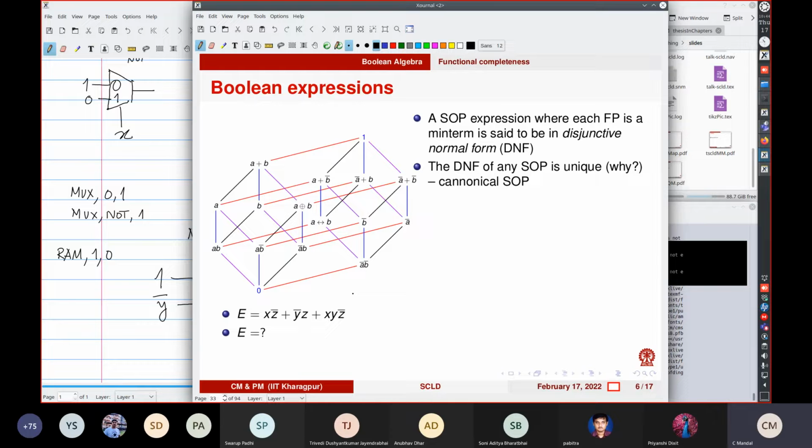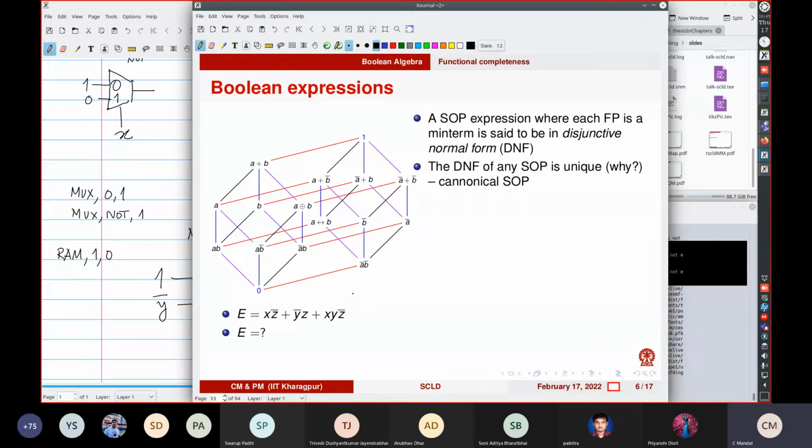Now you might like to know whether those two Boolean functions are equivalent, that means they produce the same output for the same input. So, how can you do that? Or is it even possible to do that?